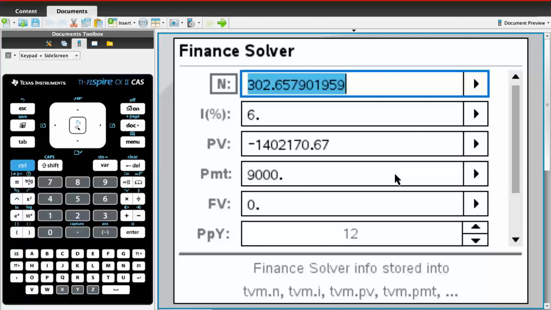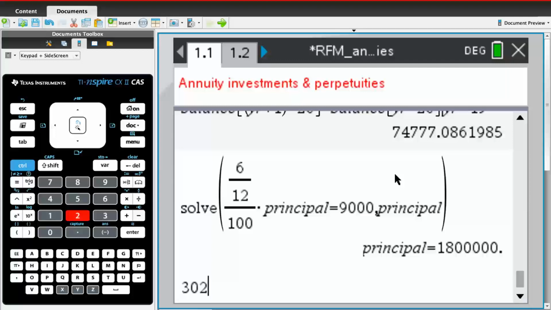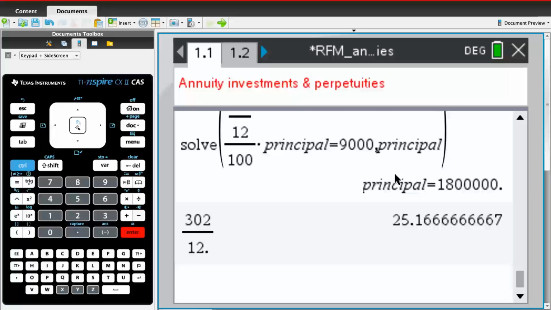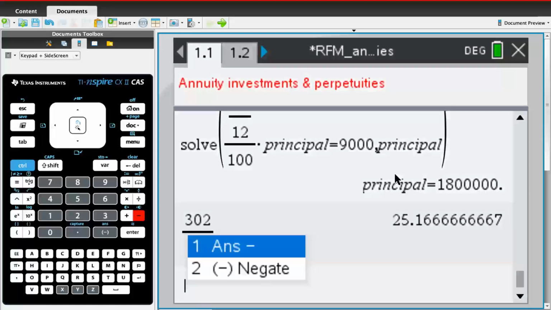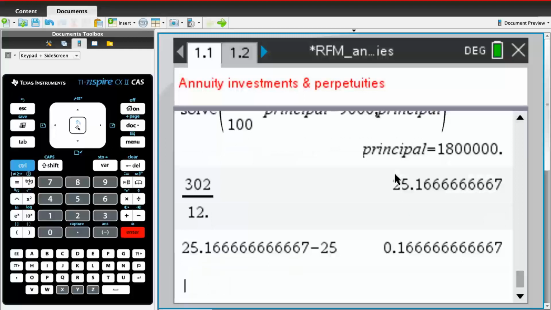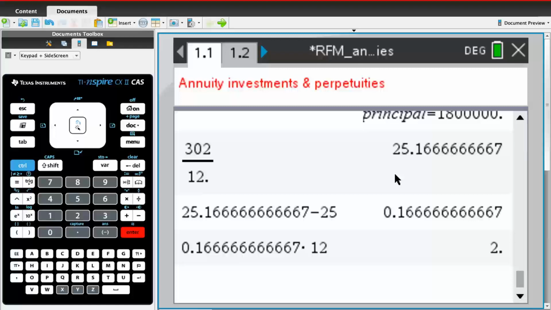And rather than spend time calculating what that is, I can tell you that 302 payments, oh well, we'll do it anyway, we've got time. 302 divided by 12 is 25 years, and we'll just take away the 25 and multiply by 12 and see that it's really 25 years and 2 months. So he can last for 25 years getting 9,000 before he zeroes his retirement fund.